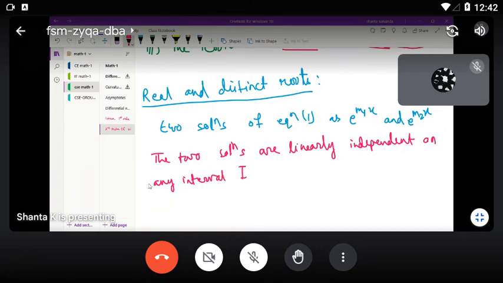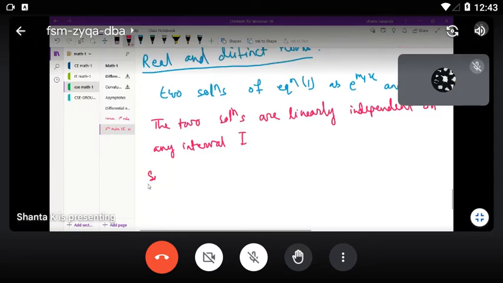Now if you look at the Wronskian, let me show that the Wronskian is not zero. If y1 is e power m1x and y2 is e power m2x, this is one of the ways to check whether it's linearly independent or not.